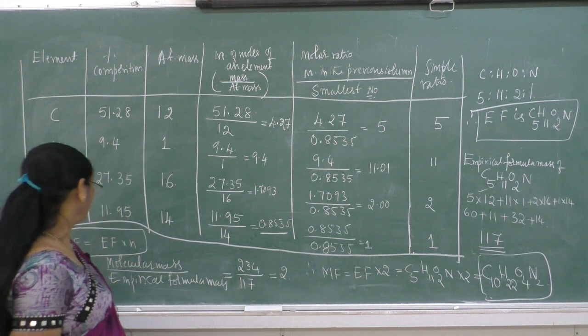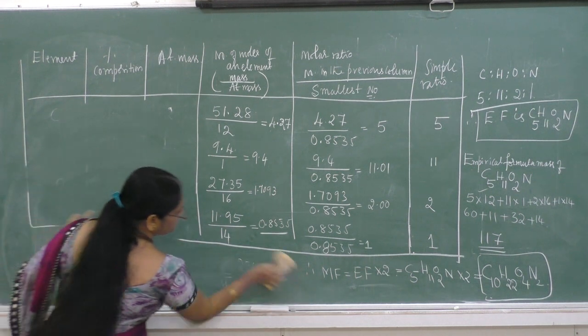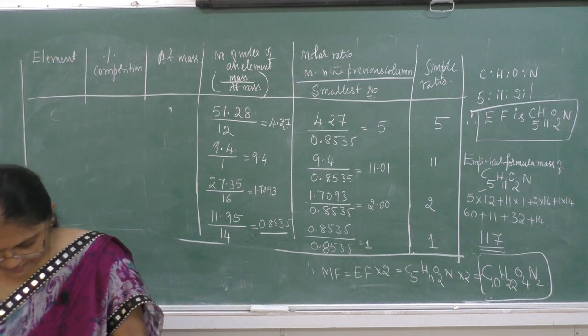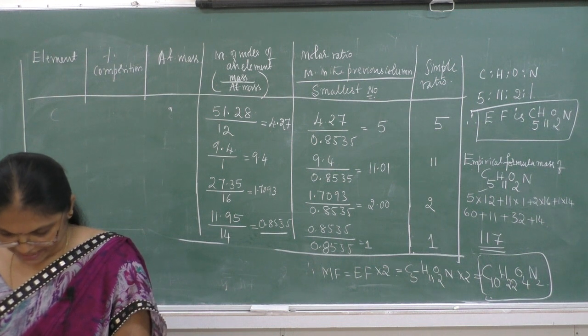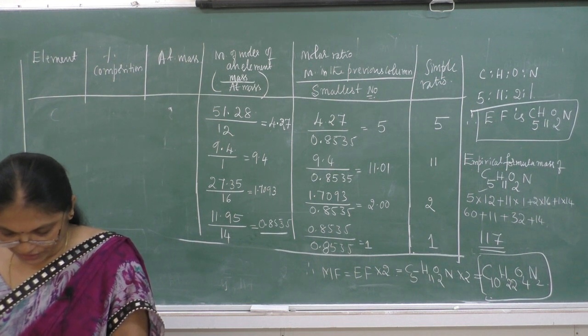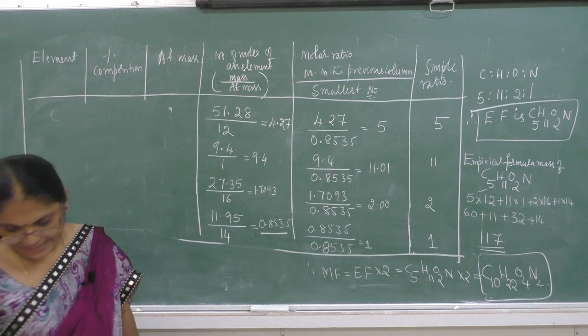The next problem is: a compound contains 47.3% copper and 52.7% chlorine. What is the empirical formula?